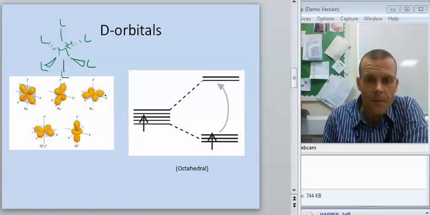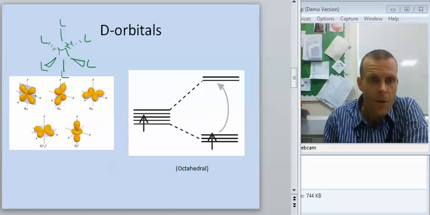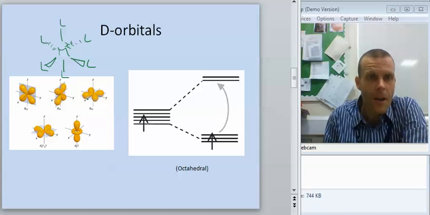These are the shapes of the d orbitals, you don't need to remember these shapes, but some of these orbitals will point directly at the ligands, like this one and this one. Other ones point in between the ligands, so their energies are different. These ones pointing in between are of lower energy, a group of three here. These ones pointing directly at the ligands are at higher energy.